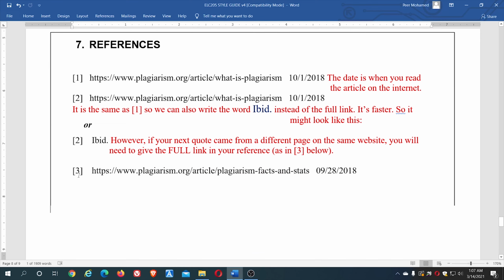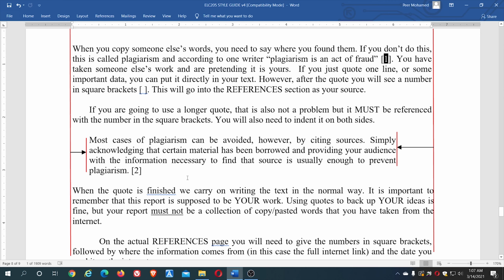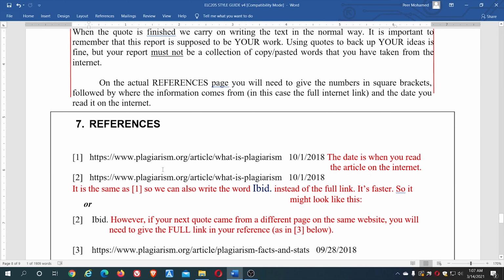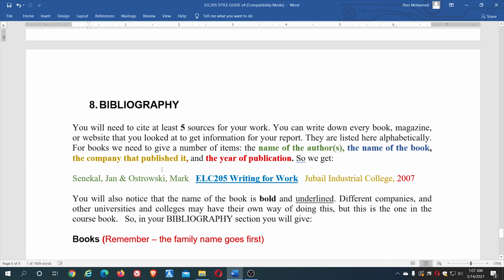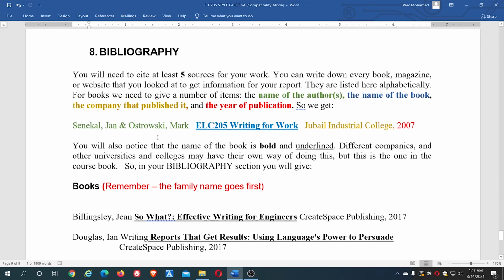It depends on the number of references you have taken, 4 or 5, whatever; you can mention them here by putting the number. You can see this is number 1, the first reference, this is the second reference, like that. Or you can put 4, 5, whatever number. The next one, the last one, is the bibliography. Bibliography is the source of information from which you have written your project report.